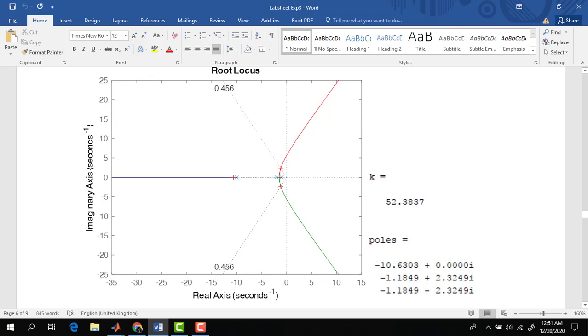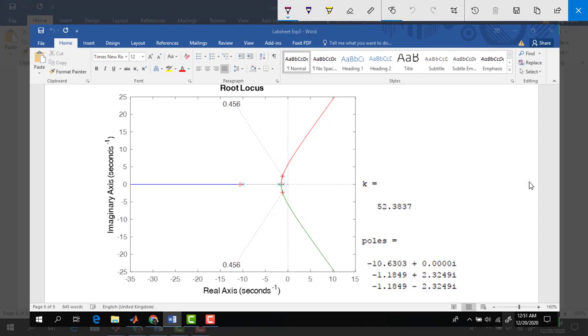Let me just open my sketchpad. We will need to draw the root locus first, and we will use our conventional rlocus command. rlocus of G, the open loop transfer function, and we will obviously use the sgrid. So two commands that we will use are rlocus and sgrid. We will use these two straight away.